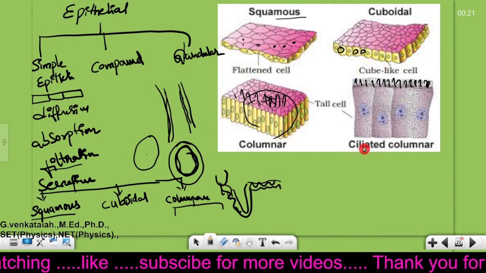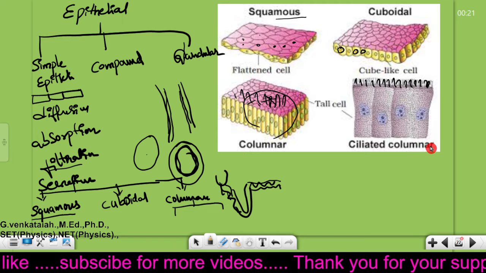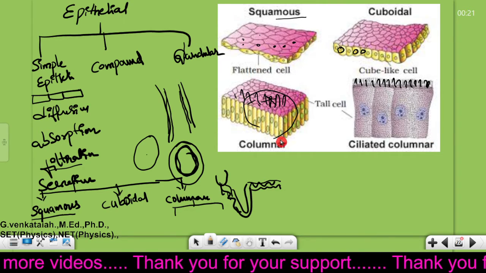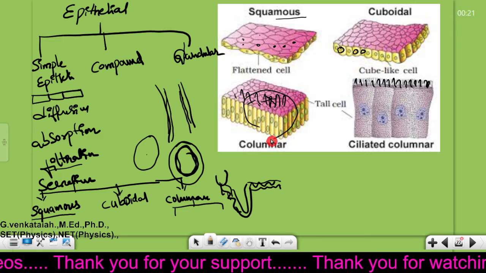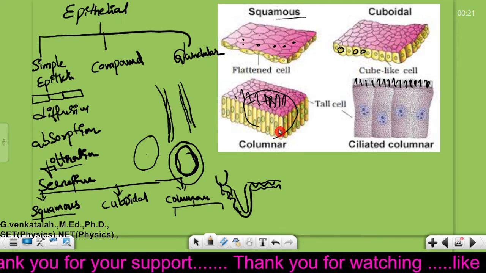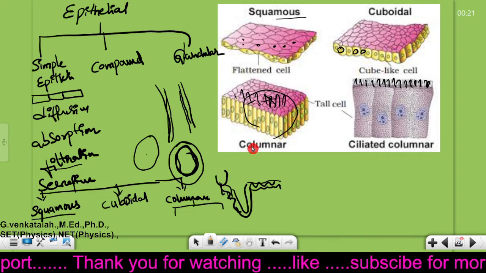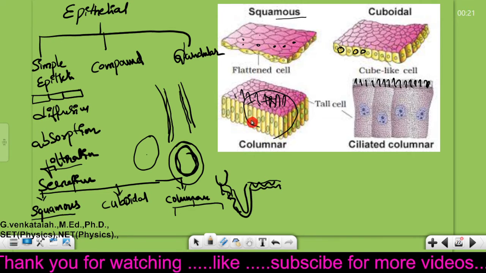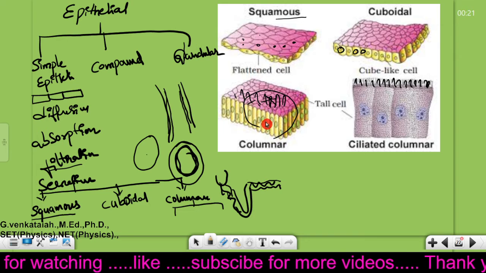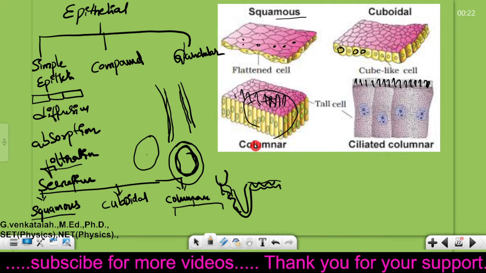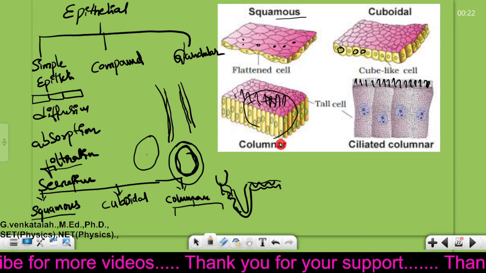Non-ciliated columnar epithelium tissue is generally present in the stomach and intestine. The inside of the stomach and intestine have non-ciliated columnar epithelium tissue.